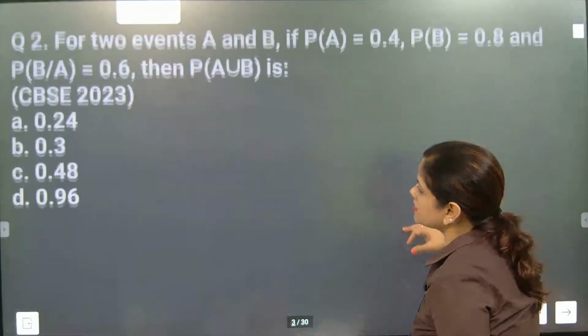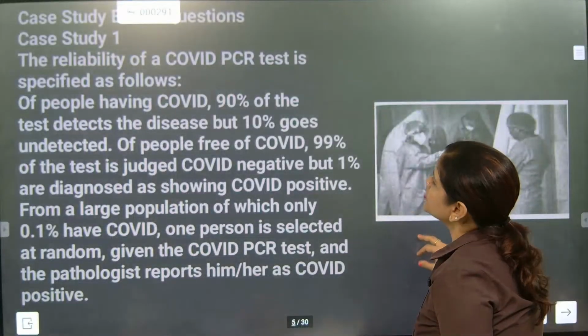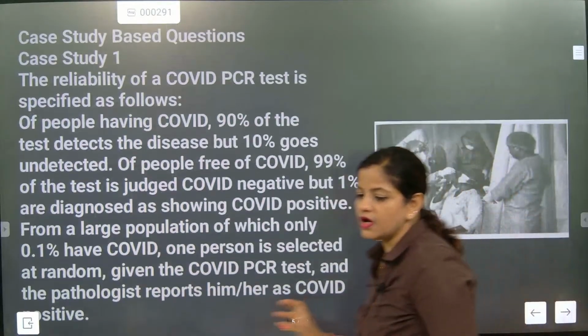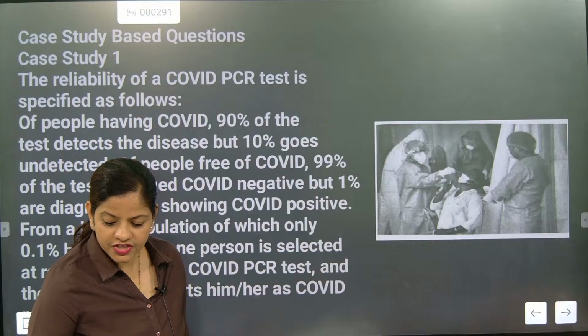I am starting the case study. So this is the first case study of probability. Let's check the questions.